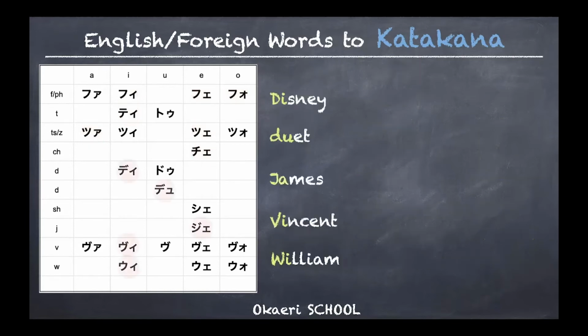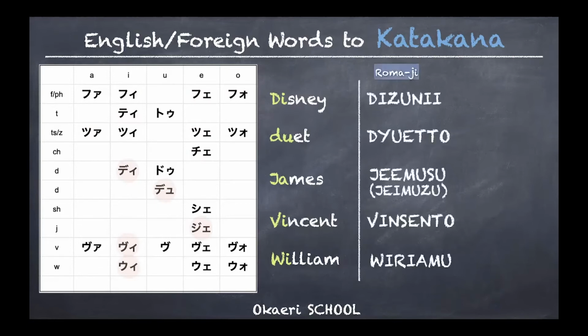And the rest of the examples: Disney, duet, James, Vincent, William, for example. First, what do we do? We just try to put vowels at each sound and try to sound like a Japanese word. So Disney will be Disney.